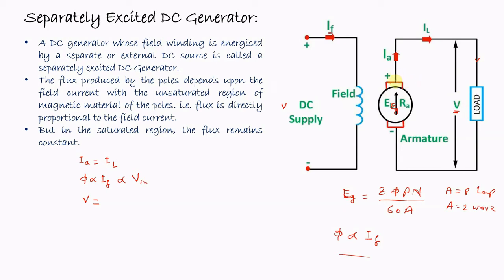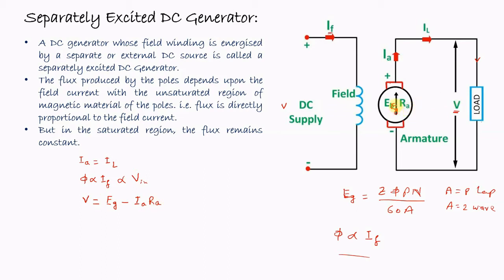But there are some resistances in the armature windings as well as some other losses also. So from the generated EMF, if we subtract the losses, then we will get the voltage across the load. So here the voltage across the load will be the generated EMF minus losses in the armature winding, because RA is the resistance of the armature winding or the rotor winding.